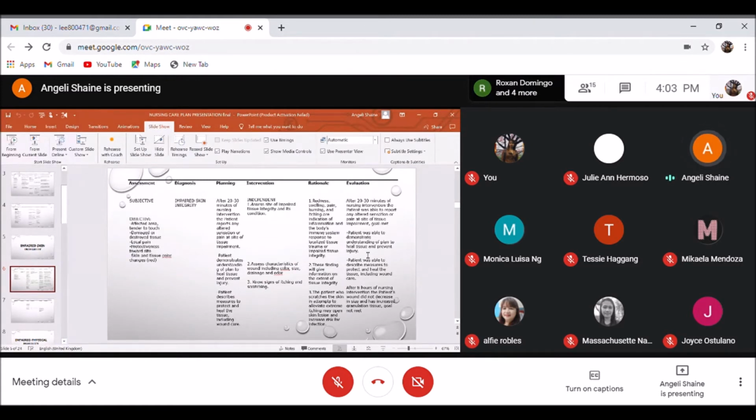Patient was able to describe the measures to protect and heal the tissue, including wound care. After 8 hours of nursing intervention, the wound did not increase in size and has increased granulation tissue. Goal not met.